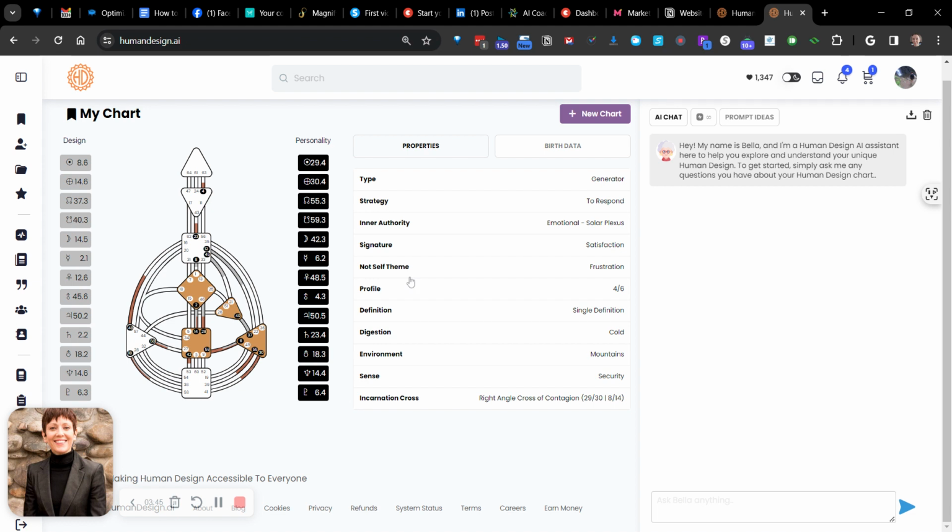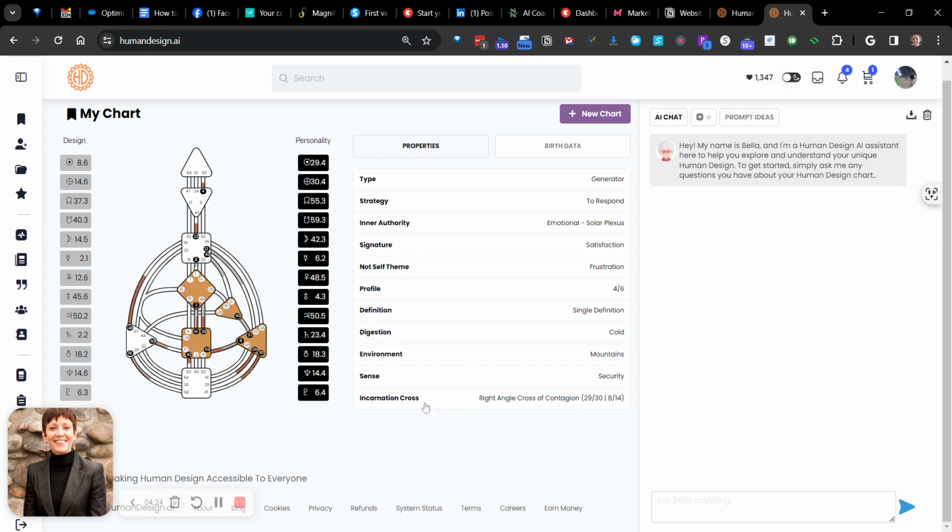Below your not self theme, you find profile, definition, digestion, environment, sense, and lastly, incarnation cross. Each of those, of course, has a bearing on your human design, how you are configured or how you're wired. And they are very important to understand, but far less important, frankly, than learning about your type, your strategy, your authority, your signatures.